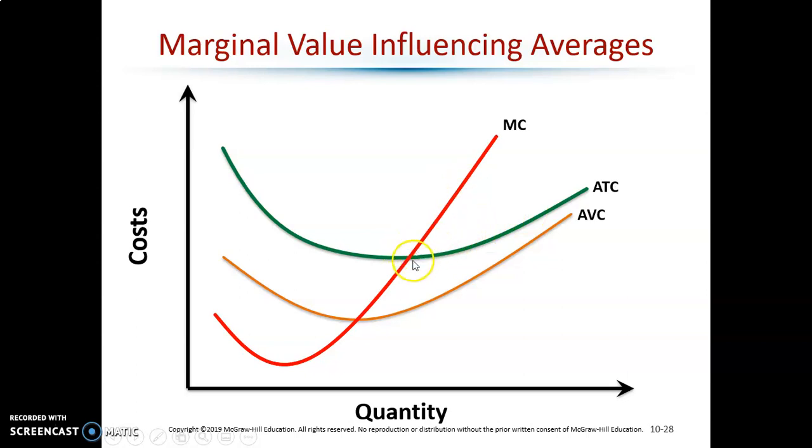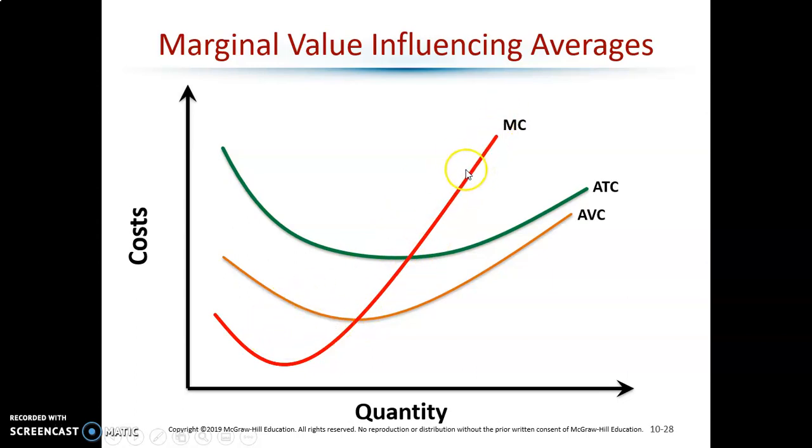So this point of intersection, both of these points of intersection are going to be important for different things we're going to look at when studying the firm. And this one is going to come up very often. So it's good to keep in mind that these are important points and that the marginal cost curve cuts through these.